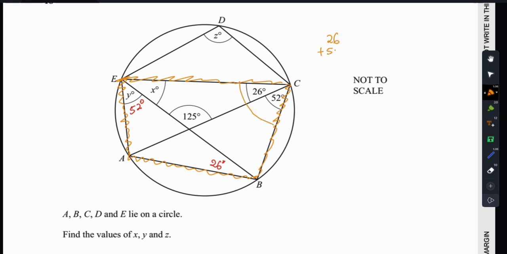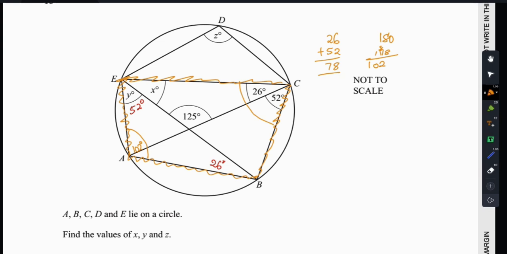That is 26 plus 52, we get 78 degrees. So if this whole angle is 78 degrees, this whole angle here is actually 180 minus 78, so we have 102 degrees. You could have found this by just using triangle ABE as well.